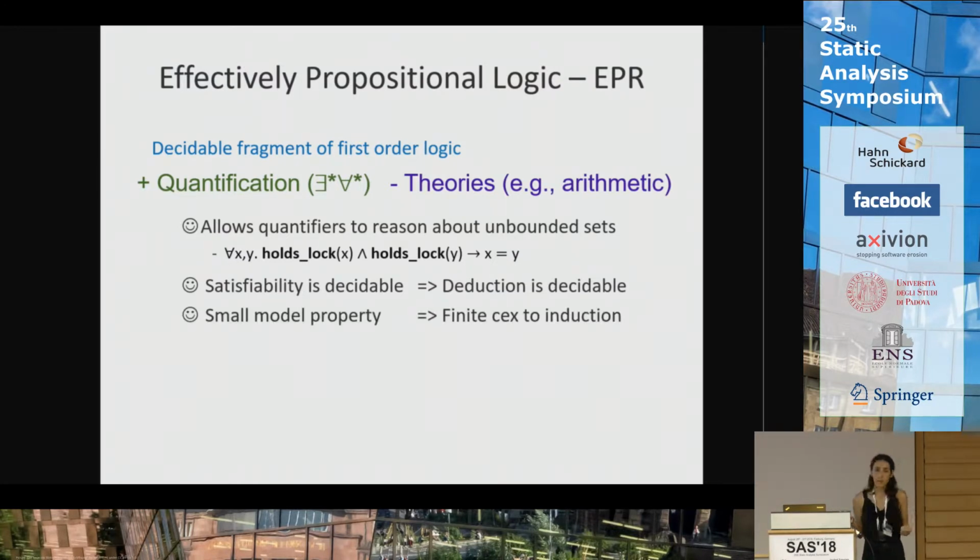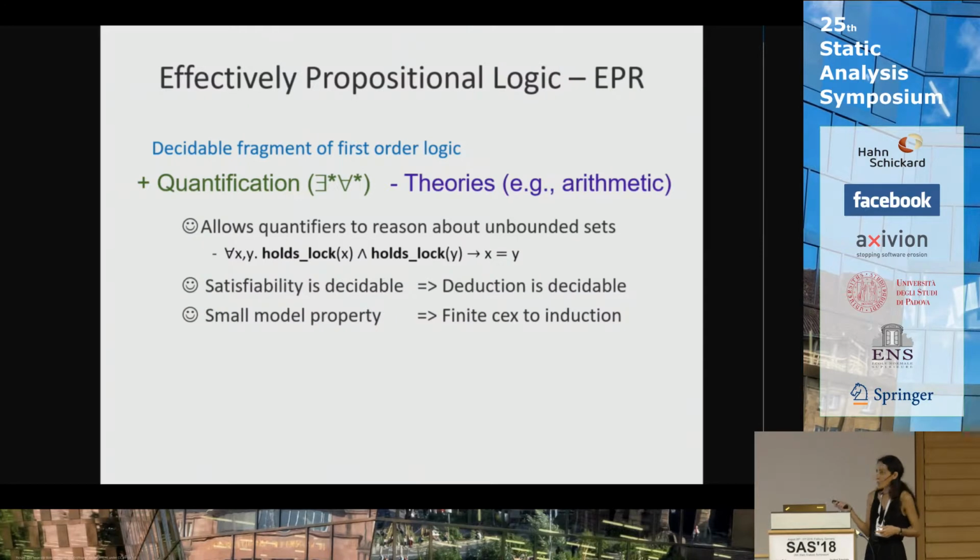Another nice property of this fragment of EPR is that it has the small model property. And this means that when a formula is satisfiable, it not only has a model that satisfies it, it has a finite model that satisfies it. And this will be useful because for us, when we check the verification conditions and they don't hold, then this means that the formulas are satisfiable.